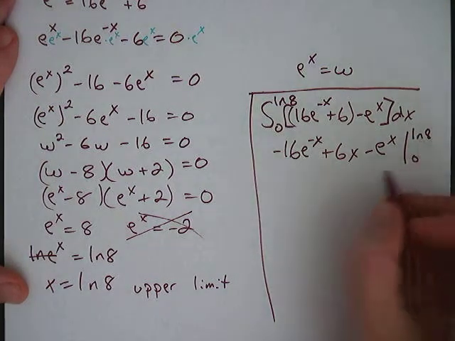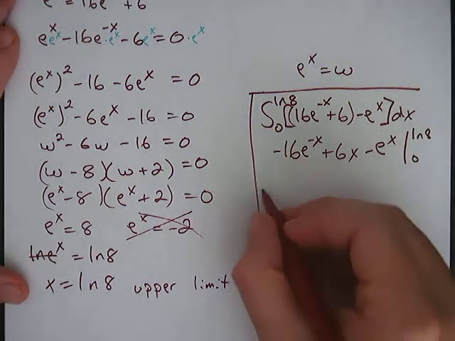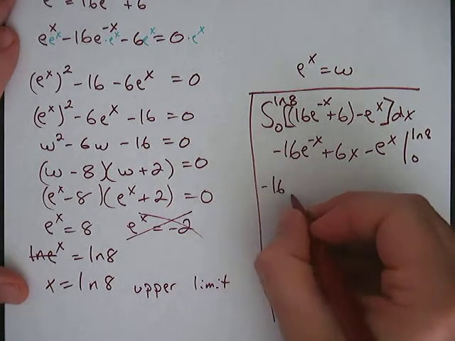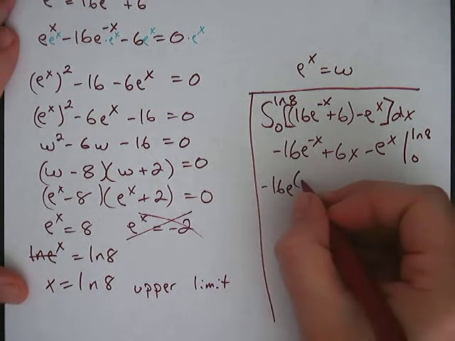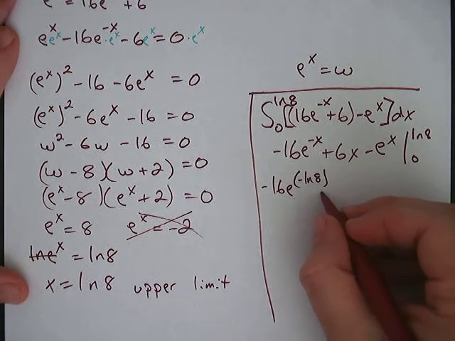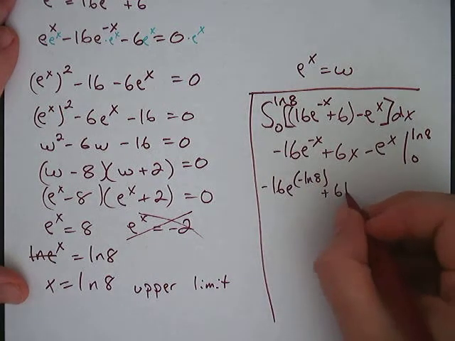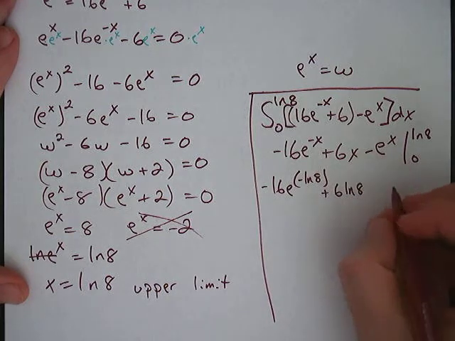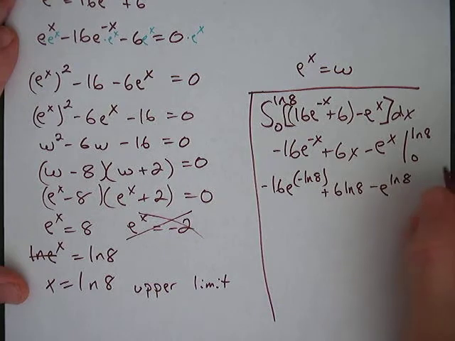So we can go ahead and pop in these limits real quick. Negative 16 e to the negative ln 8 plus 6 ln 8 minus e to the ln 8.